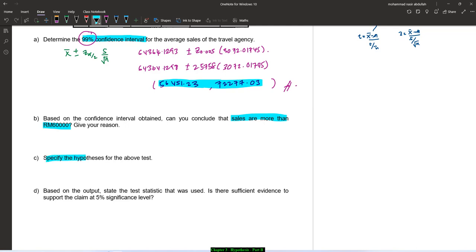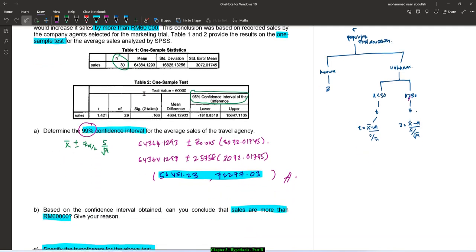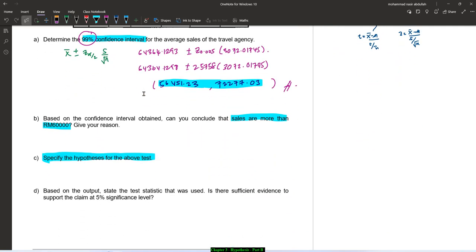So specify the hypothesis testing for the above test. By looking at the statement here, the alternative hypothesis should be more than 60,000. So the null hypothesis here is mu equal to 60,000, and the alternative hypothesis is mu more than 60,000.